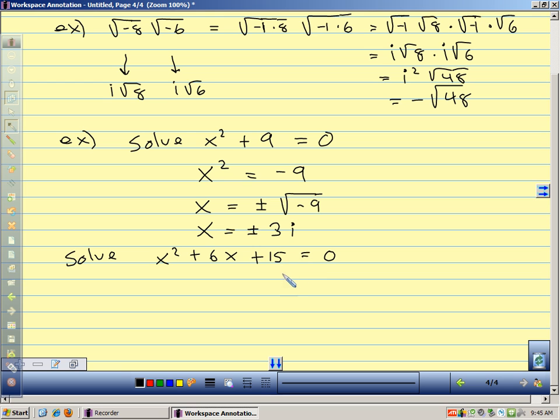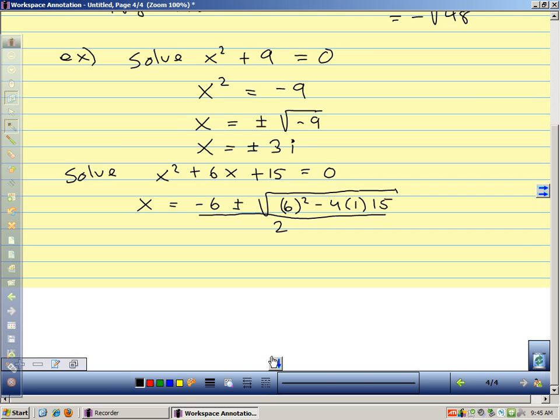So we'll use the quadratic formula. x equals negative 6 plus or minus the square root of 6 squared minus 4 times 1 times 15, and all of that is over 2. Just plugging into our quadratic formula.